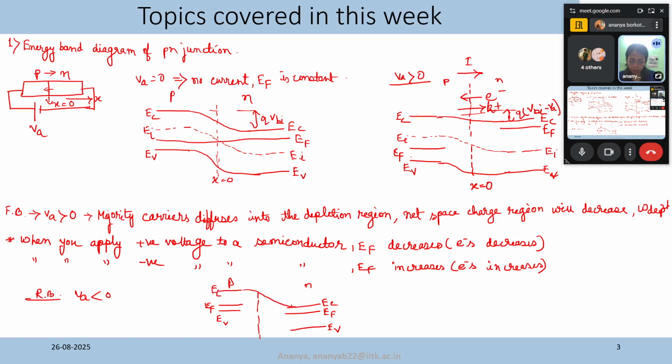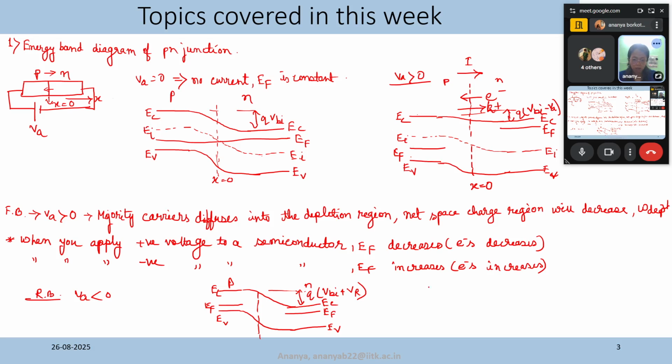I'm not drawing the EI levels here. It will be like this. So this barrier height actually increases due to the reverse bias potential. And how much does it increase? VBI, because VA is negative now, so overall it is plus. And because we are considering reverse bias, we write it as VR, say reverse bias voltage.